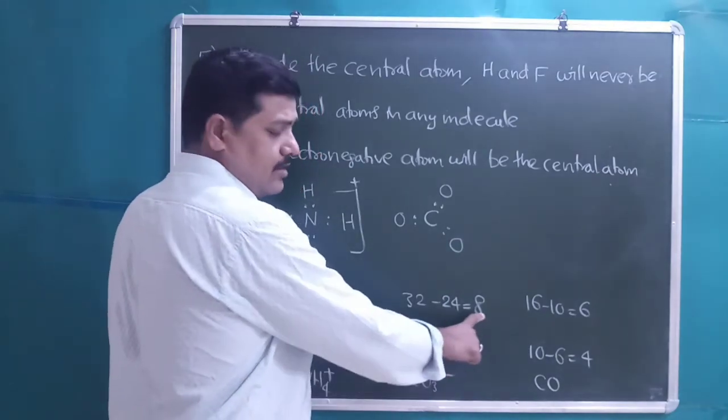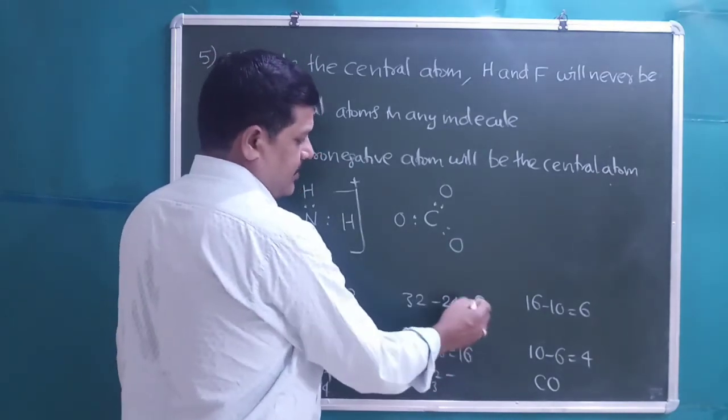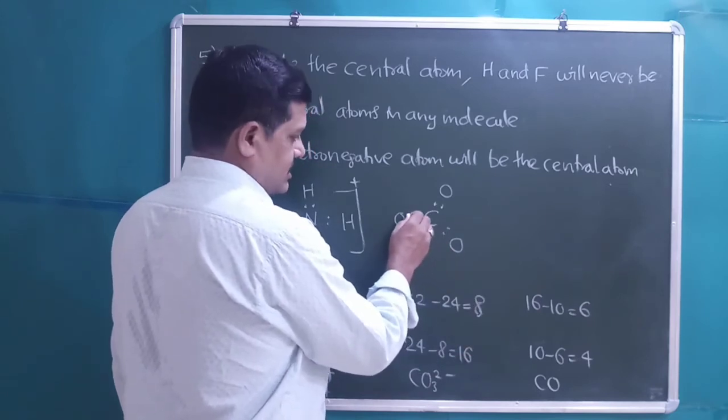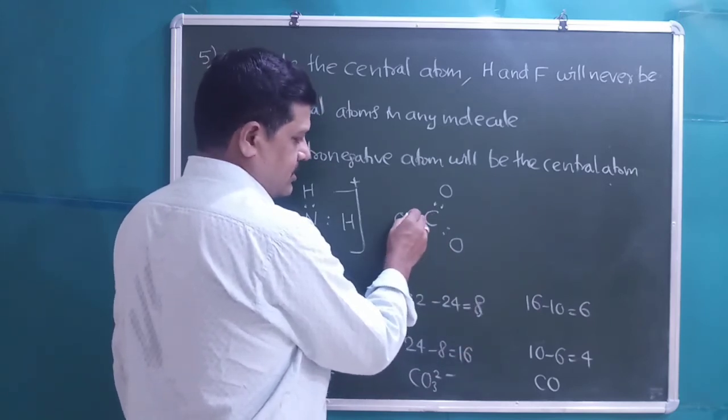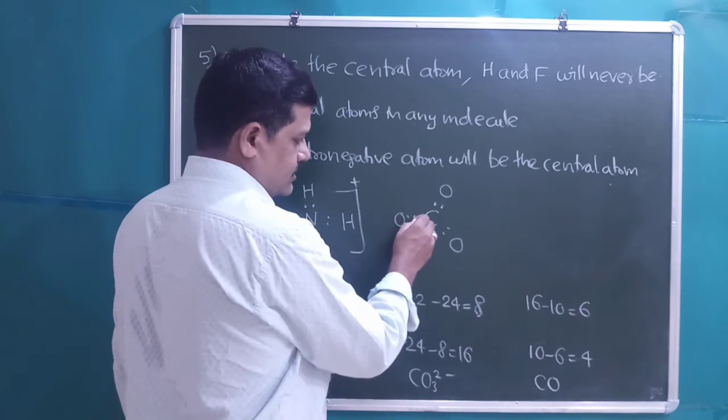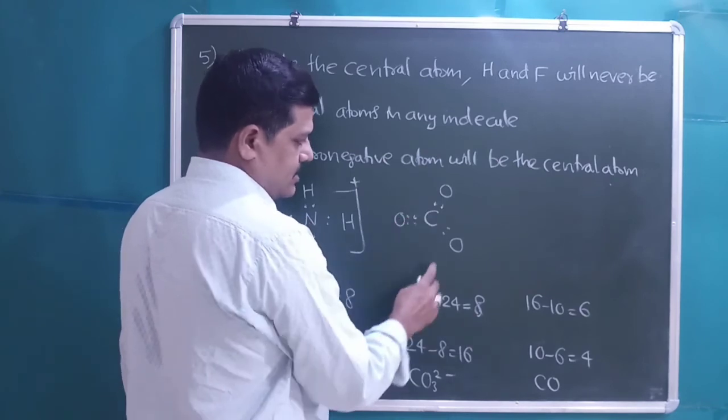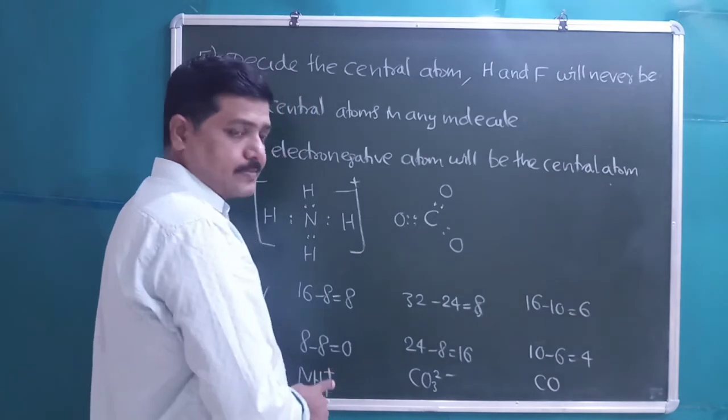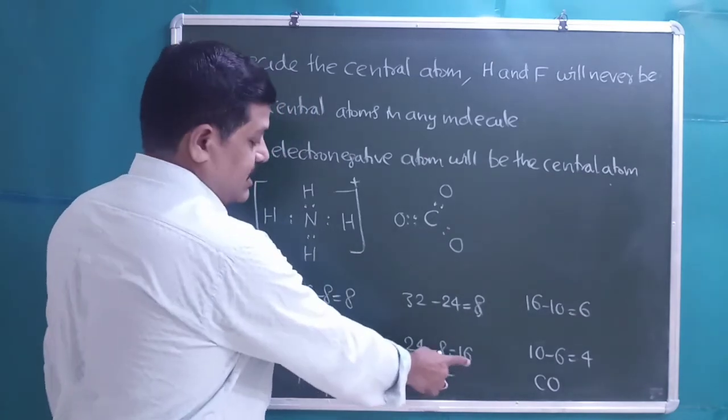But here we have 8 shared electrons, so for one of the oxygens, between carbon and oxygen you put one more pair of electrons, a double bond. Now 8 electrons are completed. The remaining unshared electrons are 16.